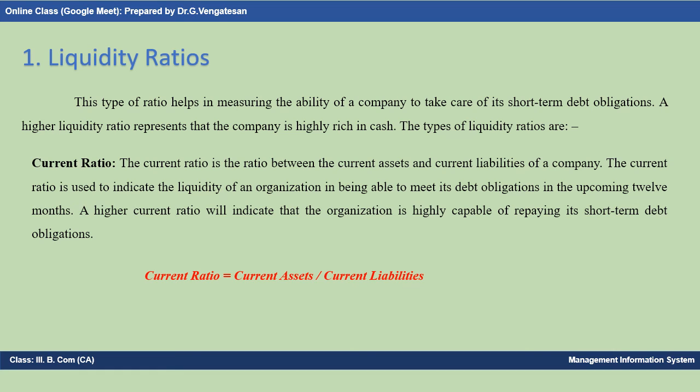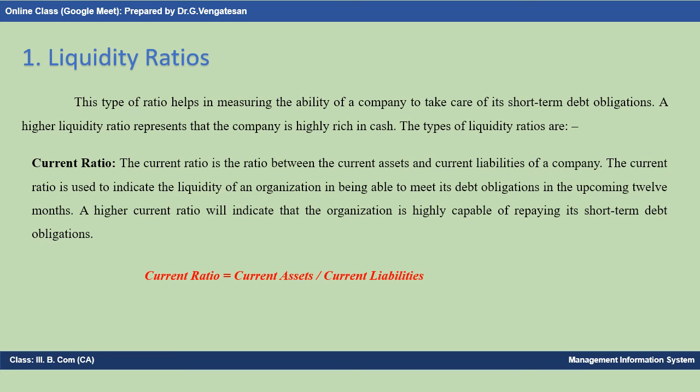The current ratio is also known as the working capital ratio, as the excess of current assets over current liabilities is called working capital. I repeat, when the current assets are higher than the current liabilities, the excess is called working capital.